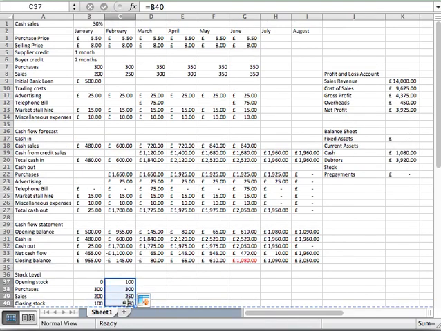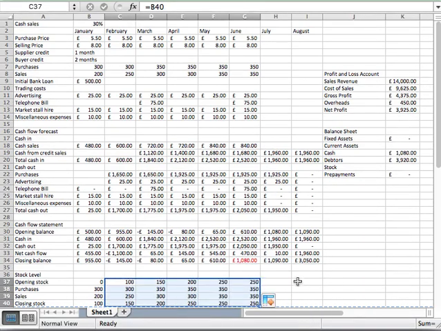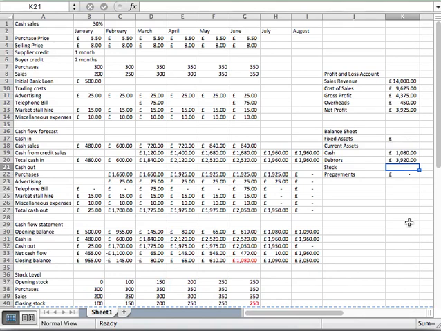And then let's copy these across. That is our closing stock figure, 250 units. So our stock that we have as an asset at the end of the period we're reporting on is 250. And the value of those is the purchase price, not the selling price. Purchase price is 1,395.